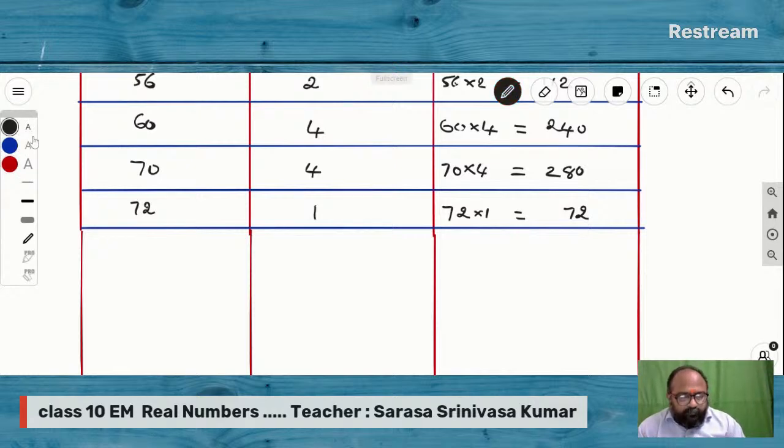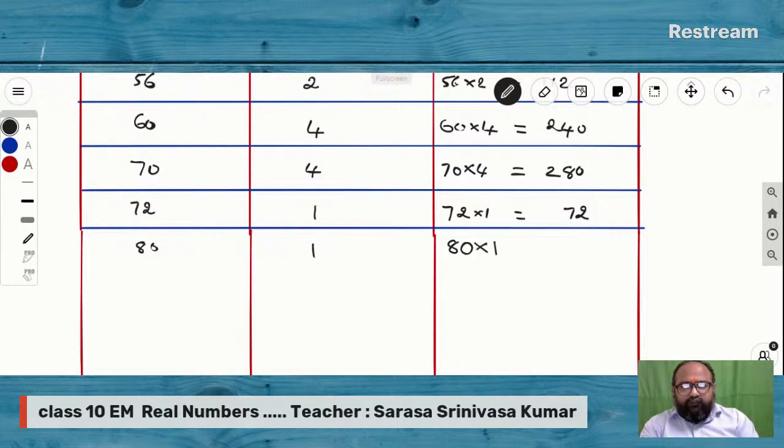Now 80 marks. How many students got 80 marks? Only one student got 80 marks. So total marks equal to 80 multiplied by 1, that equal to 80.